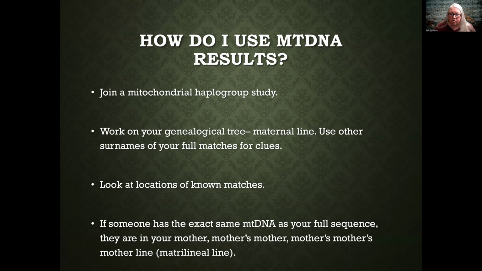You can work on your tree, your maternal line, your matrilineal line, using the surnames of your full matches for clues. So you're looking at your matches in mitochondrial DNA, so your Family Tree DNA match list, but you're also looking at all the wealth of information and matches you have to those through line tiles that are in your matrilineal line.